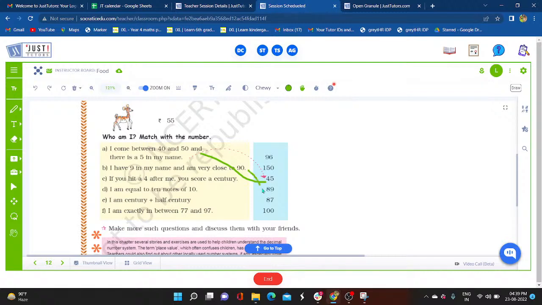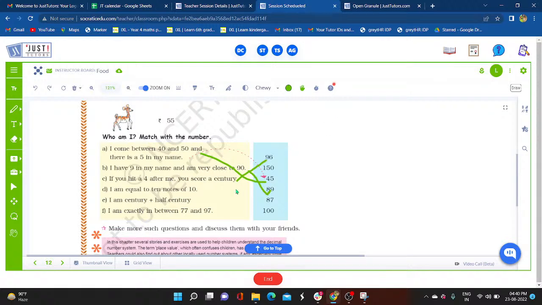So this number can be 89. Then if you hit a 4 after me, you score a century. So if you add another 4, you will score a century. That's 96 because century means 100.